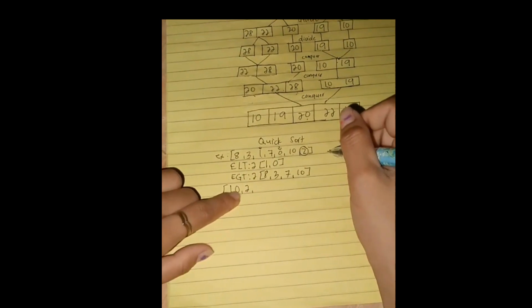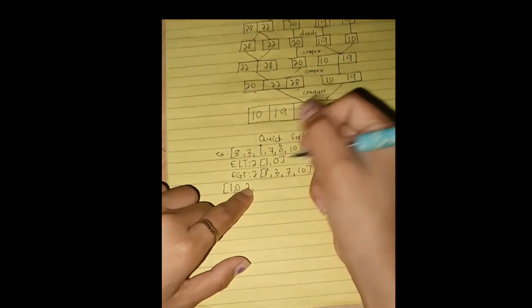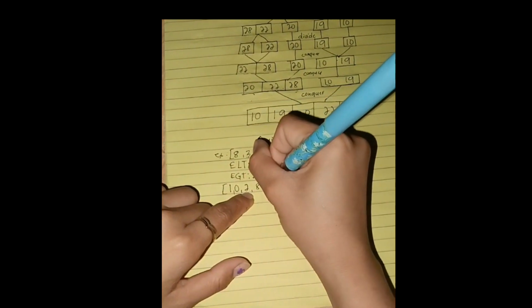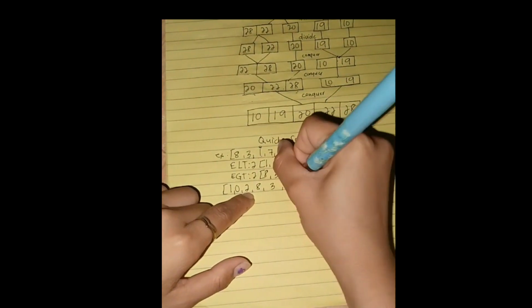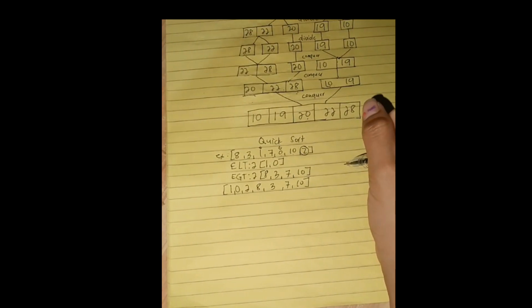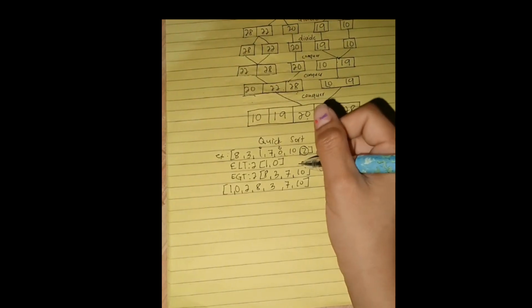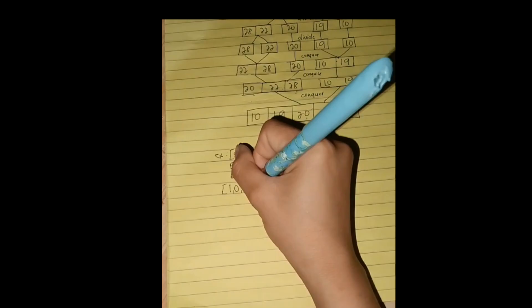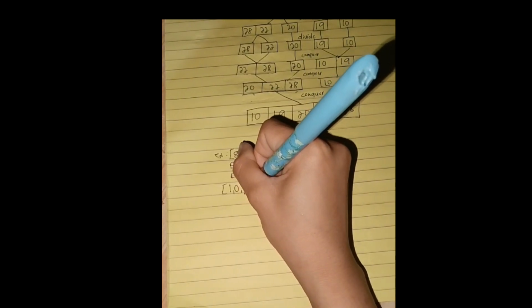Then, ilagay naman natin sa right side ni 2 ang greater than sa kanya: 8, 3, 7, at 10. Next, dahil nasa tamang lugar na si 2, ilagay natin si 2 dyan, kasi nasa tamang order na siya.